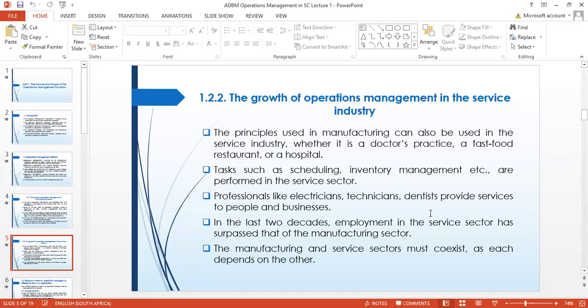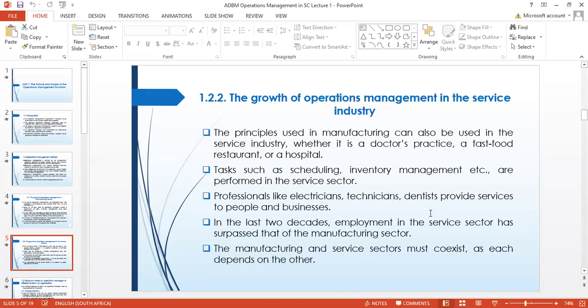It is supposed to be managed the same way it is managed in the manufacturing industry. We have some equipment, small items of equipment that are purchased. Stationery that is purchased also. So those inventories have to be managed. Operations have to be scheduled also, the same way it is done in the manufacturing sector.